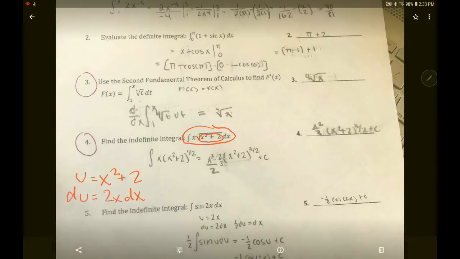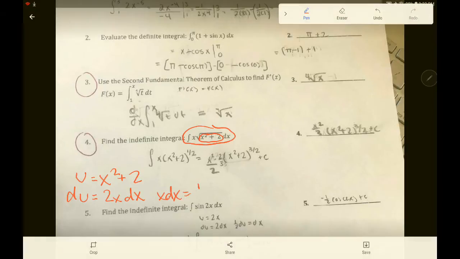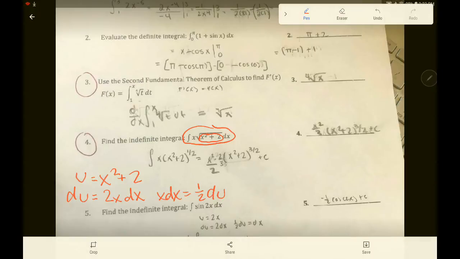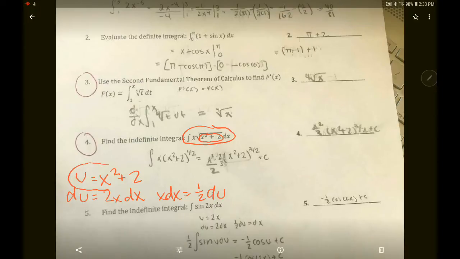So x dx equals 1/2 du. This will allow us to substitute for the expression under the square root sign, and this will allow us to substitute for x dx.